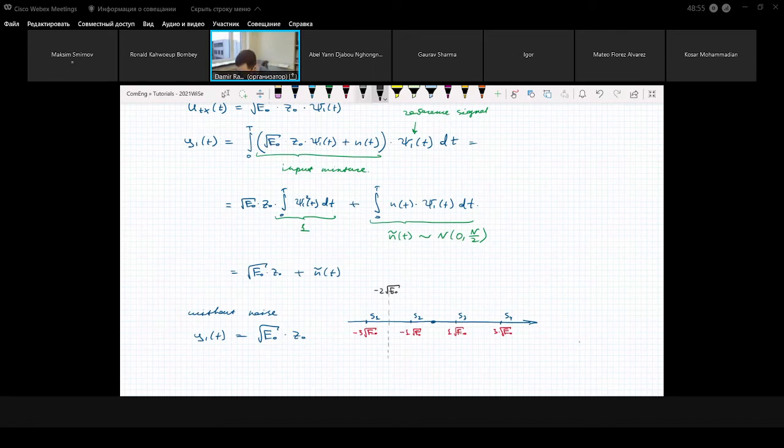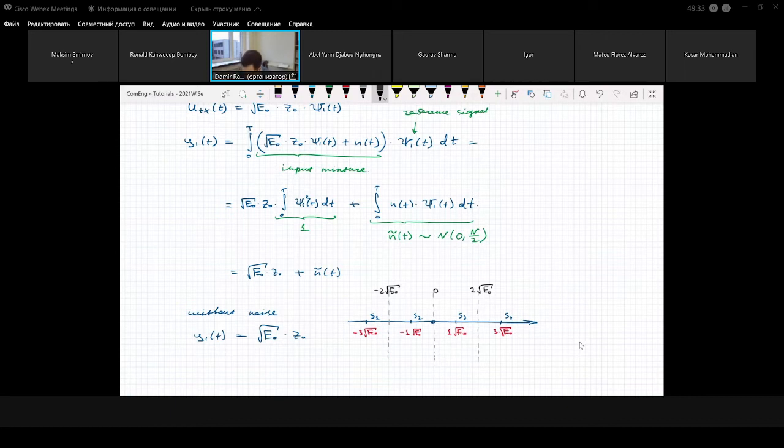Then we go to symbols S2 and S3, and also place a threshold in between. In this case, this threshold will be at 0. And when we go to symbols S3 and S4, we do the same, and our threshold will be at amplitude 2 times square root of E0. These are the thresholds that we use in order to perform detection.